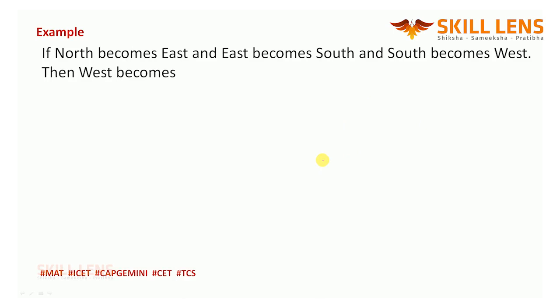If north becomes east, okay, wait a minute. Let me try to draw the actual ones: north, east, south and west. So north is becoming east, and east becomes south.